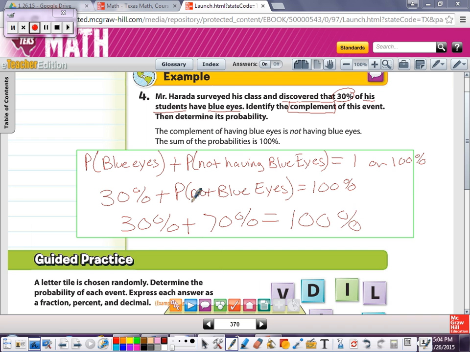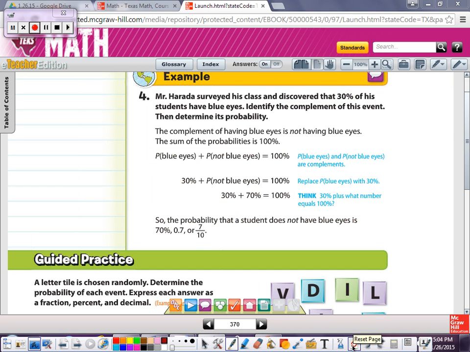So here we can see that the complement of 30% of the students that have blue eyes is 70% of students, and they do not have blue eyes. Now the probability that a student does not have blue eyes is 70%, or 7/10 as a fraction.